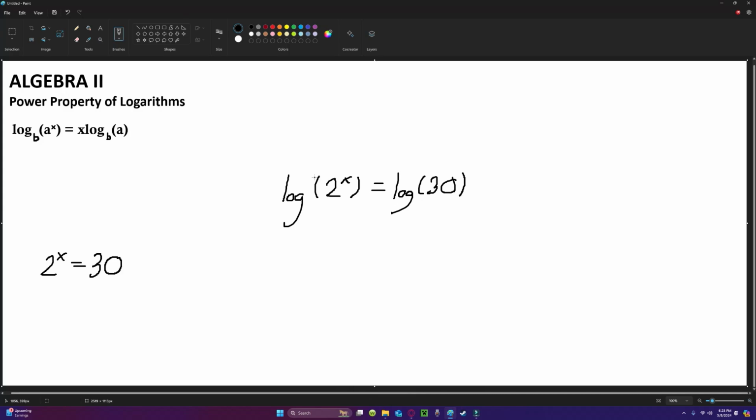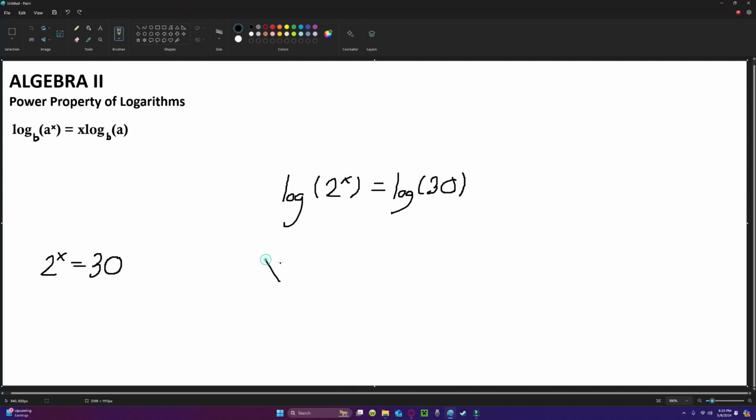And now, with the power property of logarithms, you'll notice that this 2 to the x looks pretty suspicious to this a to the x. So you might be thinking what I'm thinking, right? You just move the x over here.